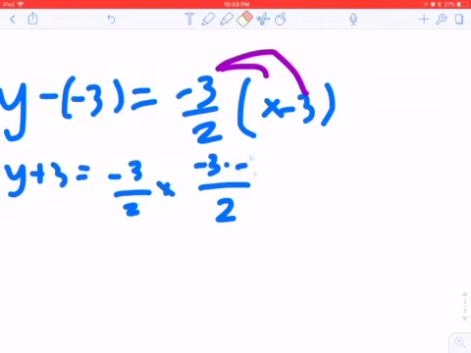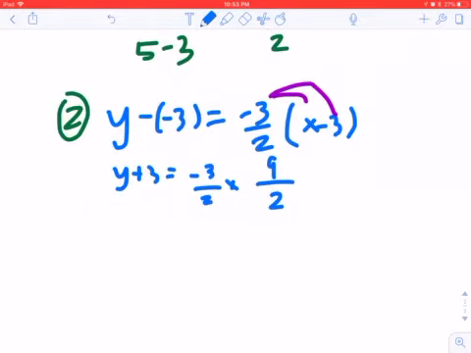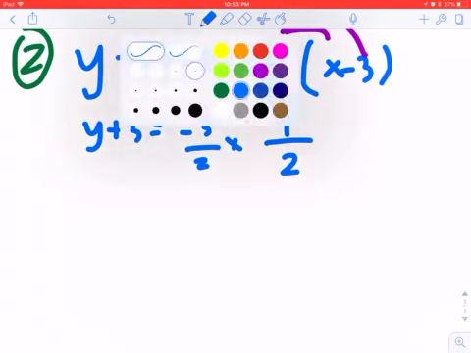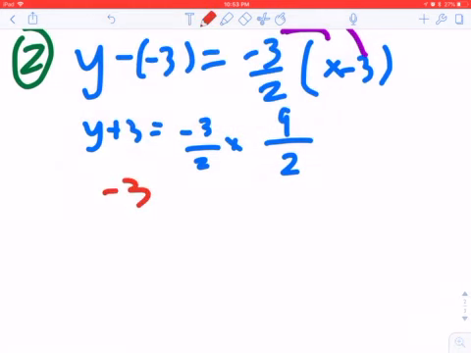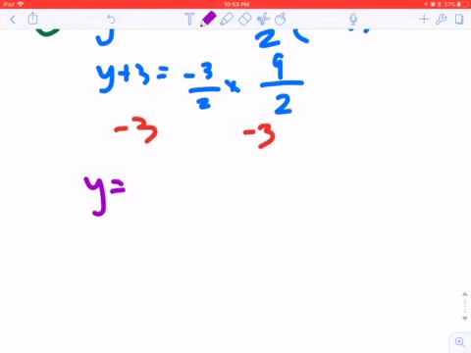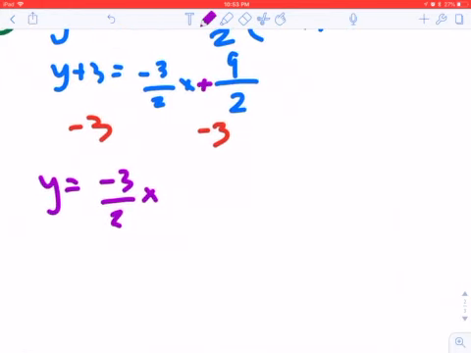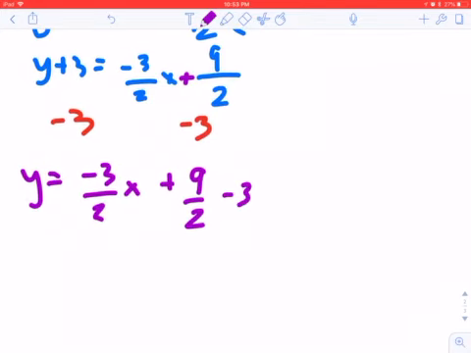Negative 3 times negative 3 is a positive 9. So I get 9 over 2 up there. Now we're not done yet. We need y by itself. I'm going to minus 3 to both sides. So I get y is equal to negative 3 over 2 x, plus 9 over 2 minus 3.